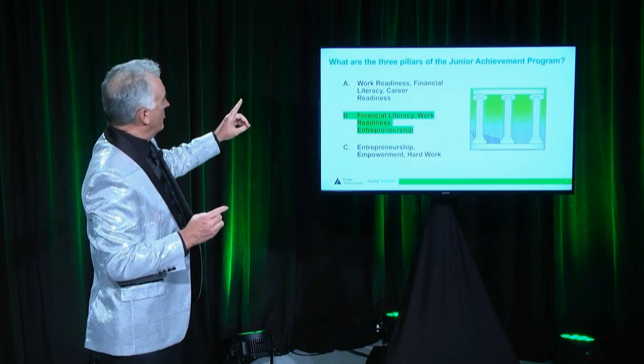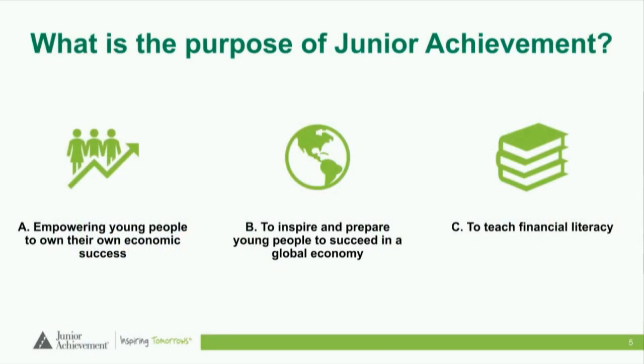And our third question is, what is the purpose of Junior Achievement? Is it A, empowering young people to own their economic success, B, to inspire and prepare young people to succeed in a global economy, or C, to teach financial literacy? Put your answers in. Is it A, B, or C?